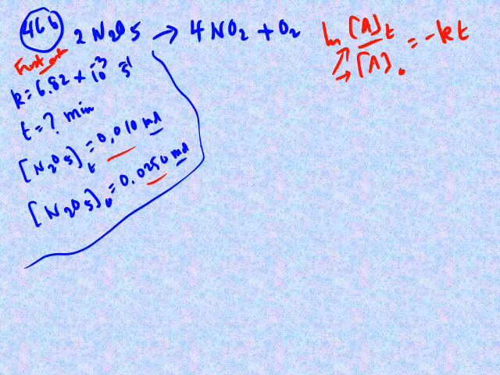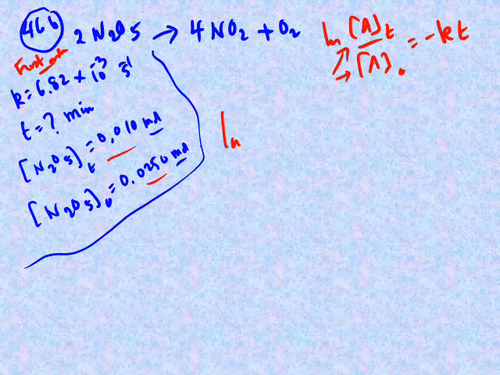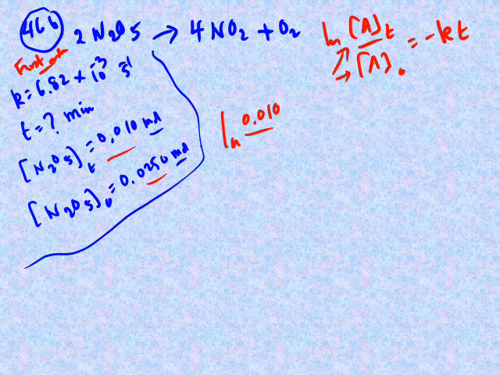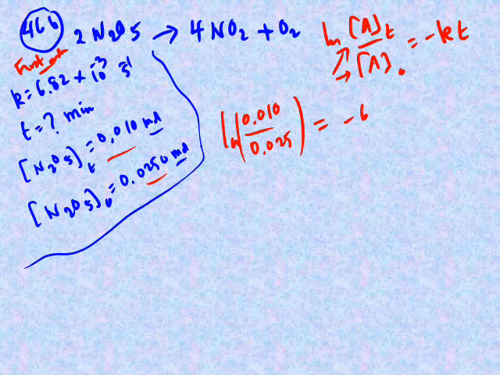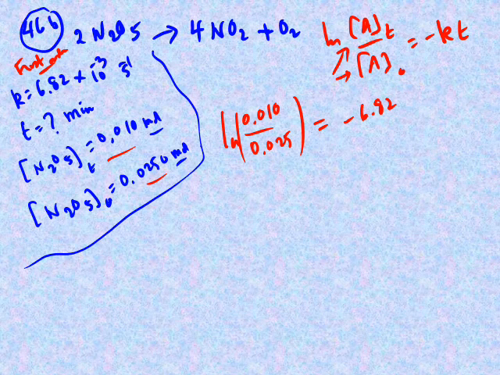Now let's plug in these values that we know. Log of A_t, because the final they're asking for is 0.010 mole, so I'm going to write down 0.010 divided by the initial value 0.025, that's natural log, equals the rate constant that's given, minus 6.82 times 10 to the negative 3 per second, times t.